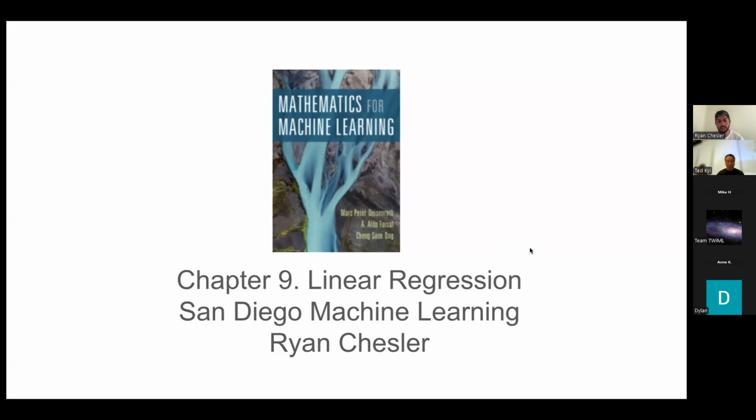So, last week we had chapter 8 that Liam covered, getting us into the real ML after the math precursor. Now we're moving into the first section, some basic building blocks. Linear regression is very important.